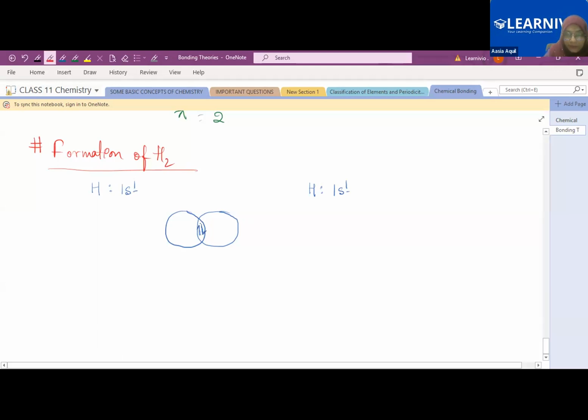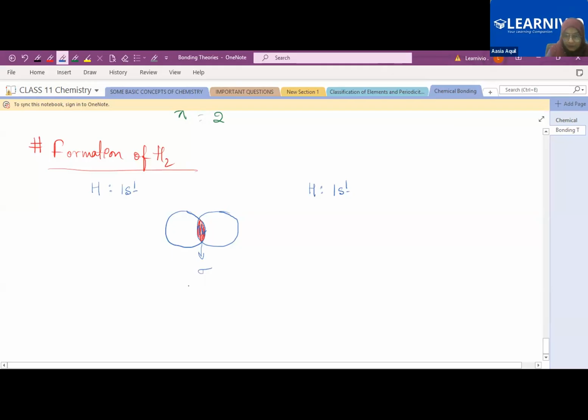So this is the overlapping here, and this results in the formation of which type of bond, sigma or pi? Sigma bond, right? So it will form a sigma bond.